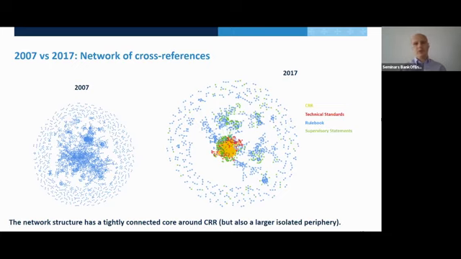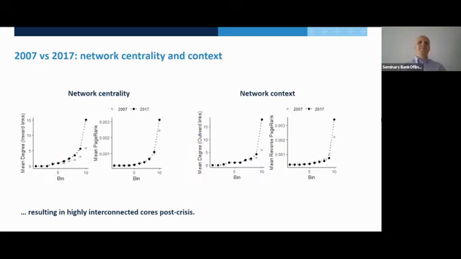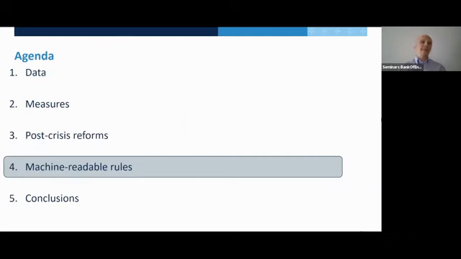But also there is a periphery of rules which are a bit isolated. So you can see essentially here that this network centrality and context changed, which resulted in a highly interconnected core post-crisis.